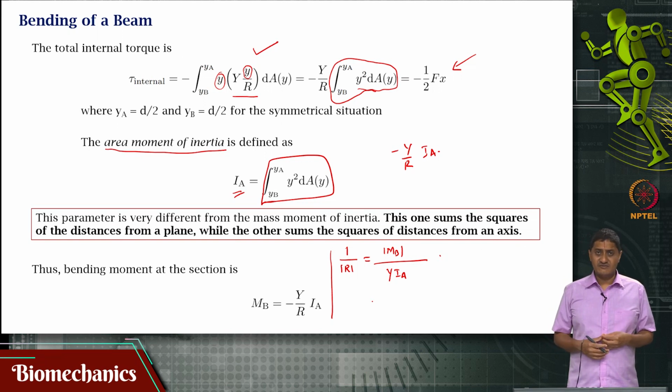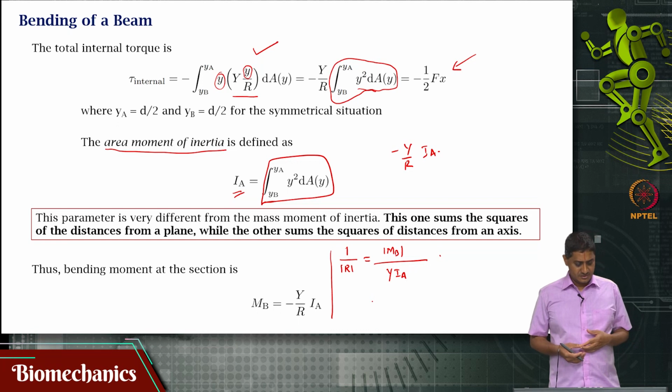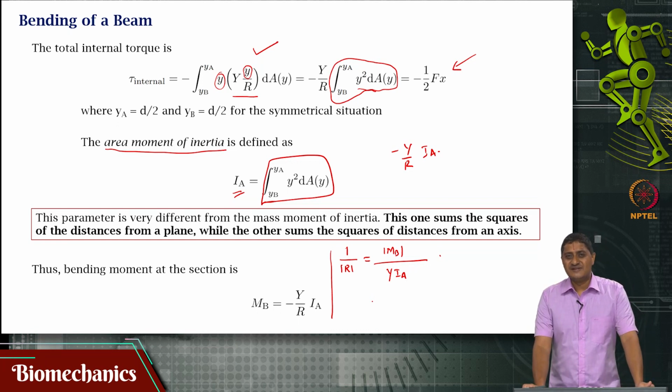For a given material with MB and Y, if the area moment of inertia IA is large, then the bending is very small, the amount of bending is small. Or if the area moment of inertia is small, then the bending is very large.